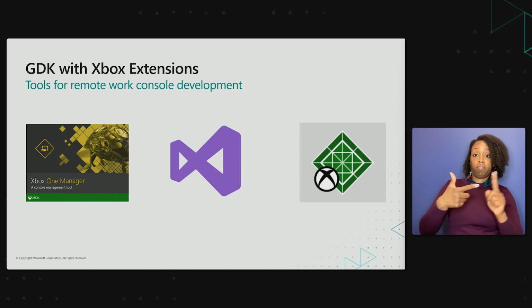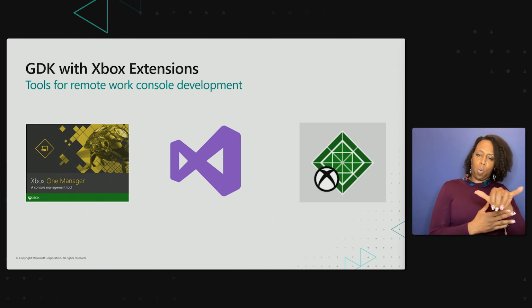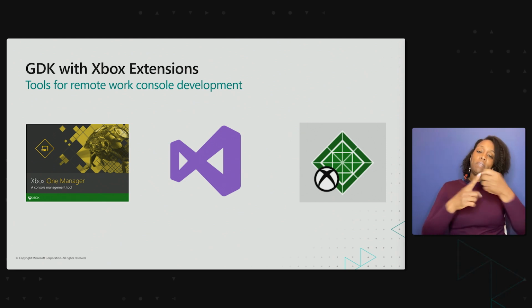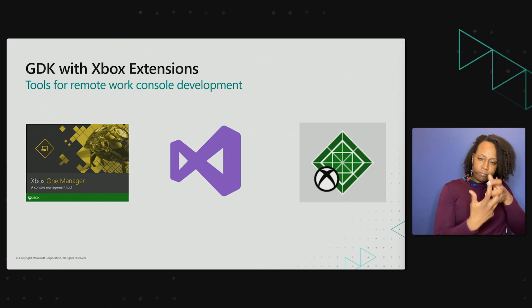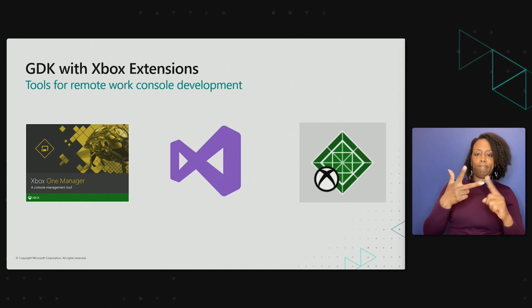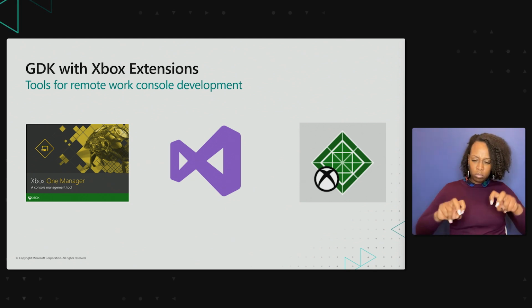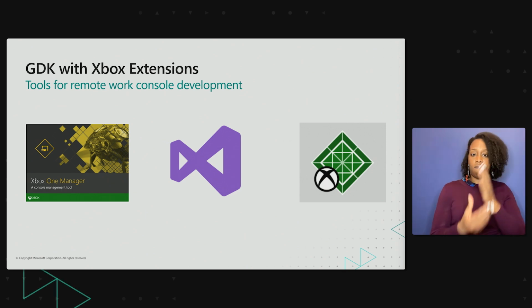Visual Studio is, of course, the centerpiece of the edit, deploy, debug loop that developers do many times per day. And we've extended the Visual Studio IDE with several new tools that are specific to console development. And Pix is our profiling tool. Pix captures allow you to diagnose performance issues related to the GPU, CPU, memory, and file I/O.